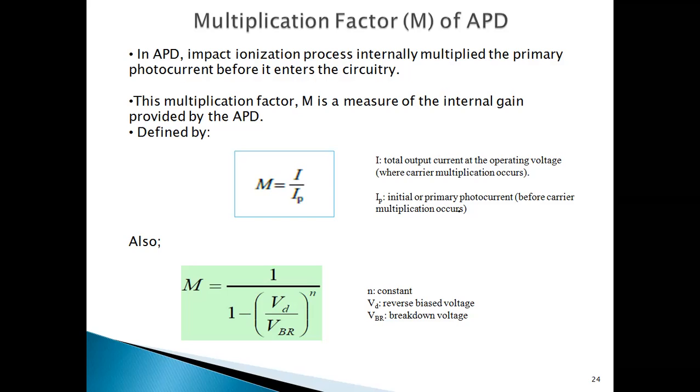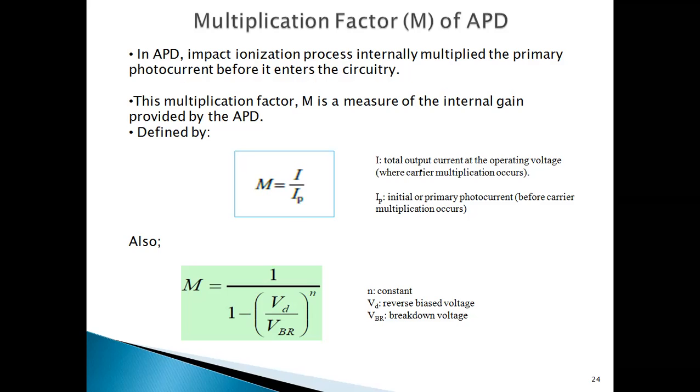So I is the current produced after the impact ionization process, whereas IP is the current before the impact ionization process takes place. That ratio of current values can be used to calculate the multiplication factor, or gain factor.